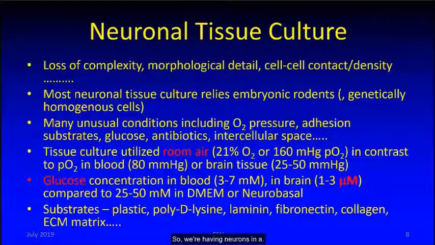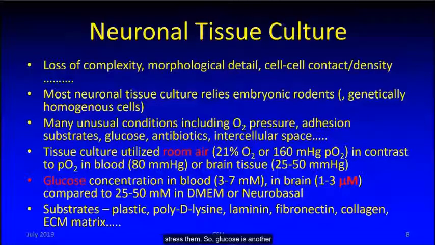In the brain, about 25 to 50. So we're having neurons in a cell culture incubator that have 8 times more partial oxygen than in your brain. And on top of that, I study oxidative stress. And you wonder how oxidatively stressed my neurons already are before I actually stress them.